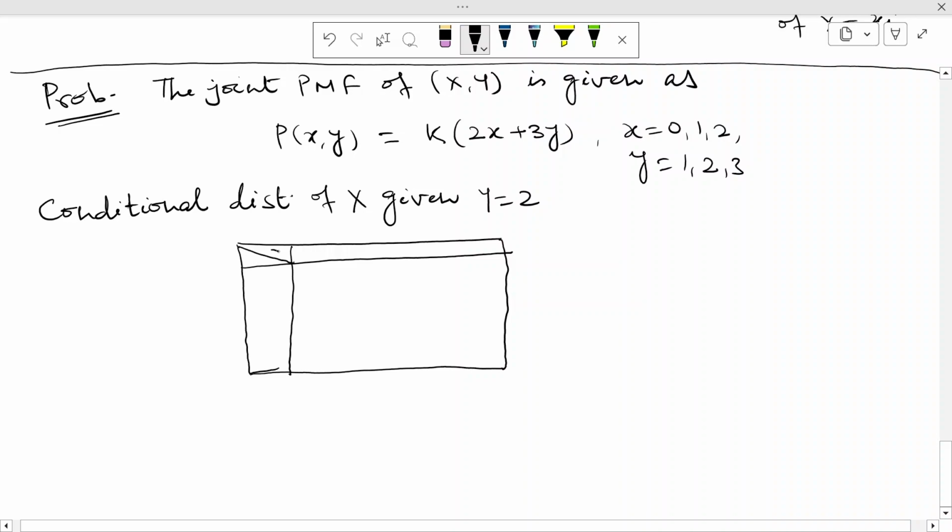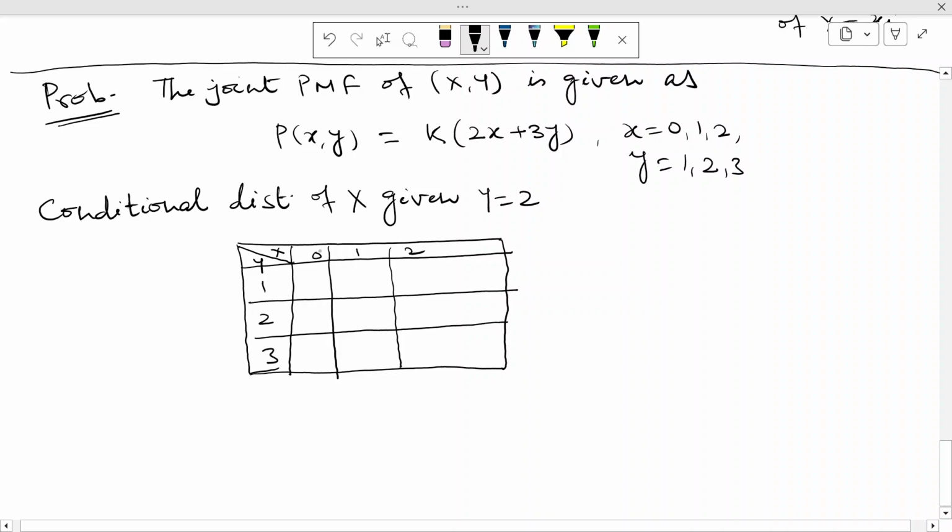So we are given 0, 1, 2 for x, and the values of y are given on the first column: 1, 2, and 3.